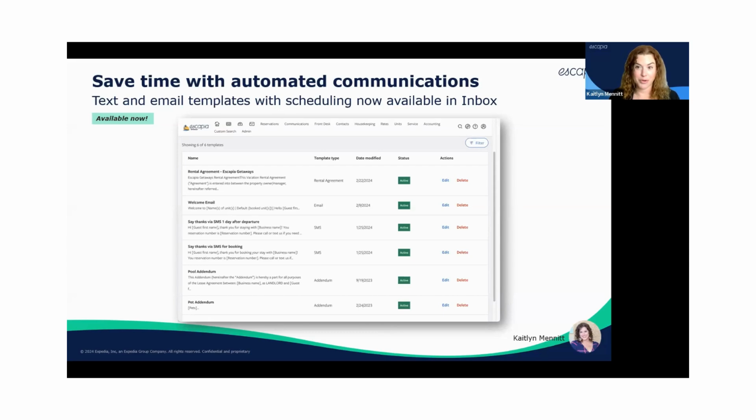So maybe day of arrival, right before check-in, you're going to want to remind them of some parking information, Wi-Fi code. That would be great in a text message. But some of that more detailed, weighty information that you want to get out earlier, you could then send in an email, and you can schedule those templates right in Communications Hub and then see when they send out.